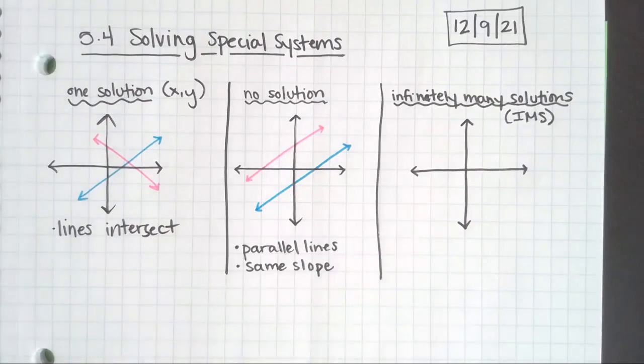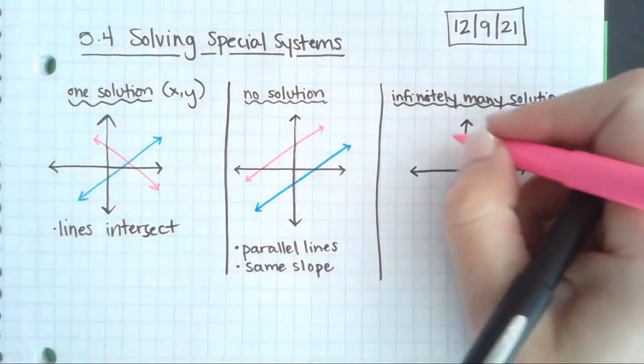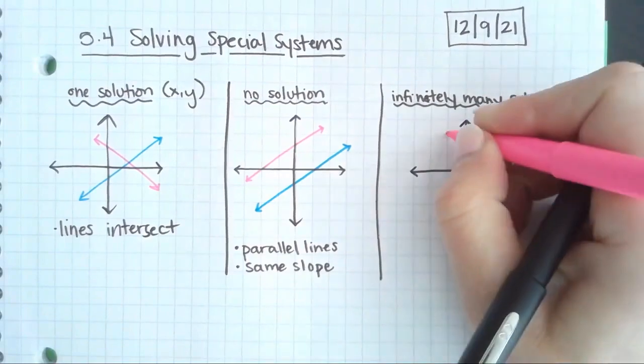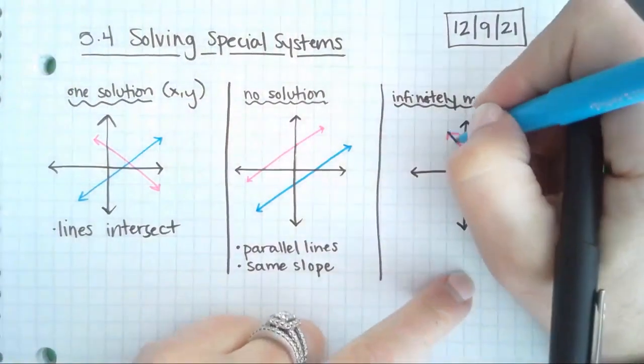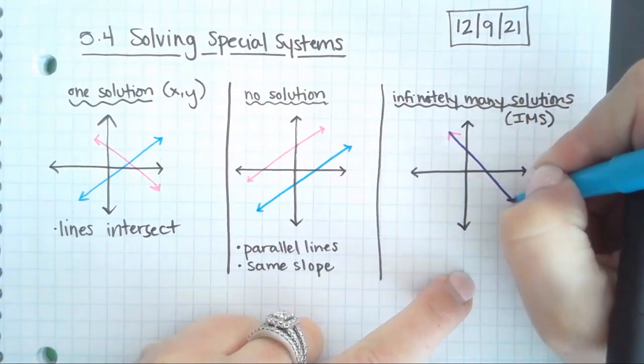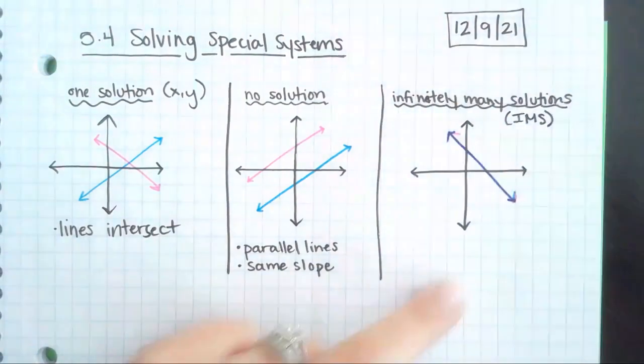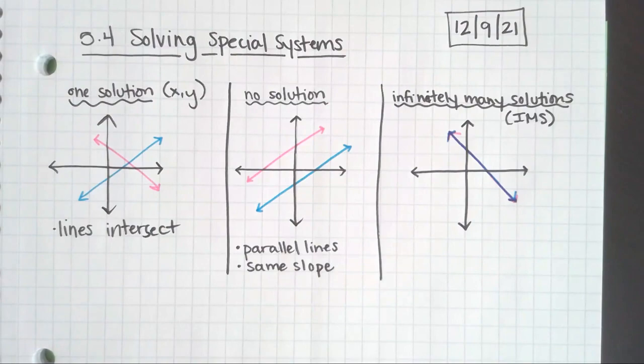And what that is on graph, they'll be literally on top of one another, so the same line. Which means every point on one line is also a solution to the other line, which is why they have infinitely many solutions.